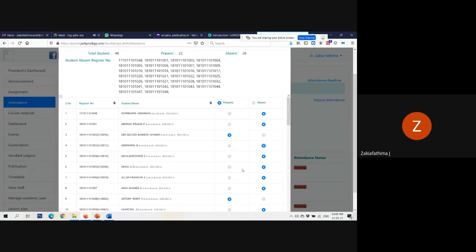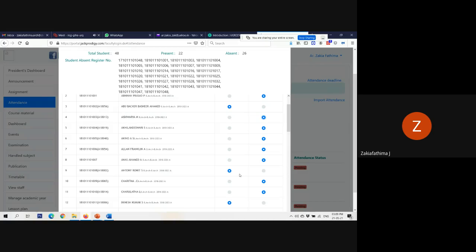Aquino, absent. Alan Franklin, absent. Anas Ahmad, absent. Anthony Rohit, absent.